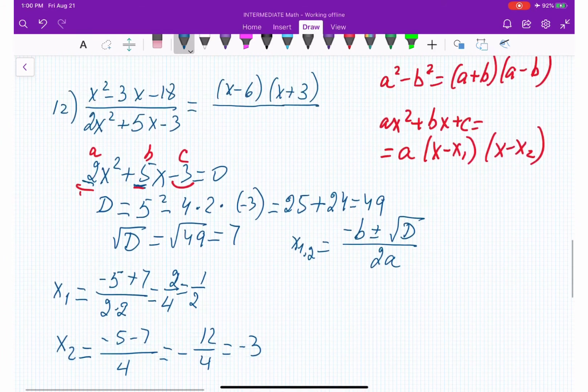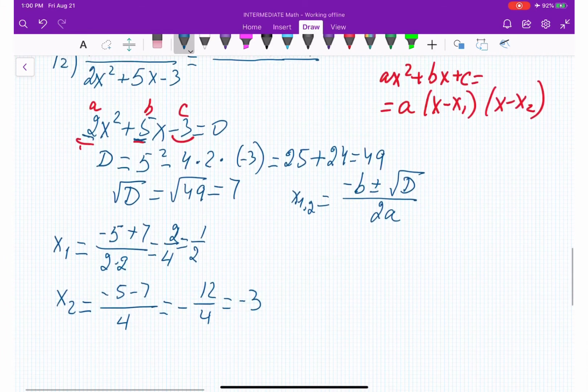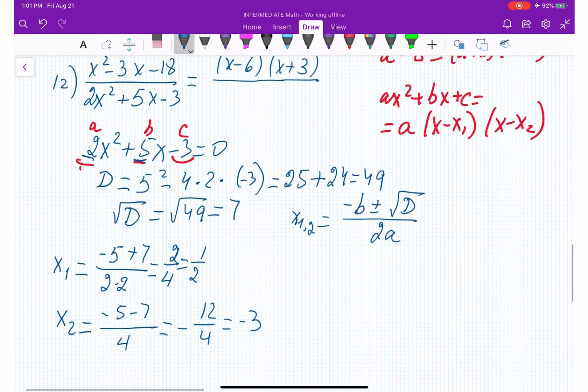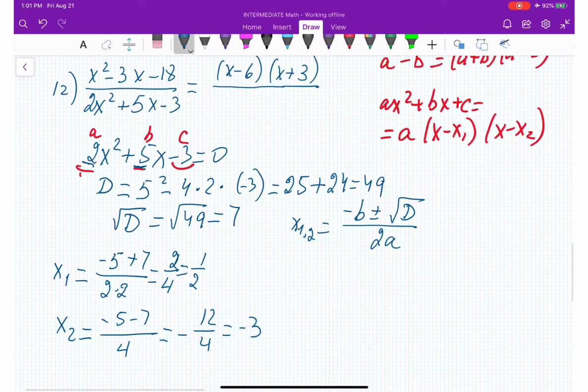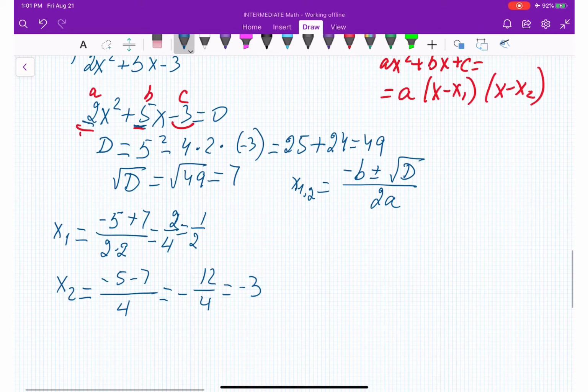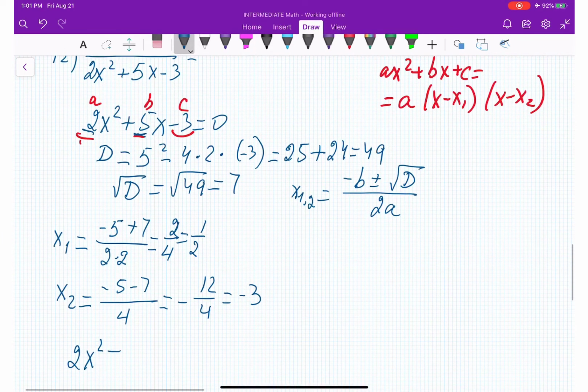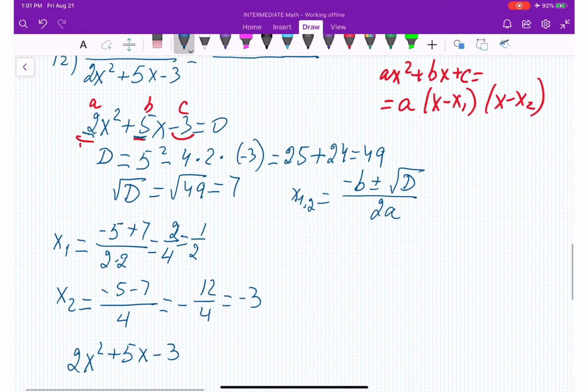So what do we have here? x minus 1/2, this 2x squared plus 5x minus 3 is equal to x minus 1/2 and x, so since we have minus it, we need to subtract here. See that?